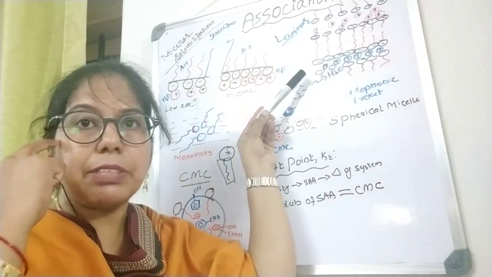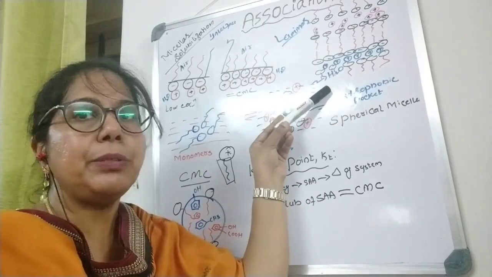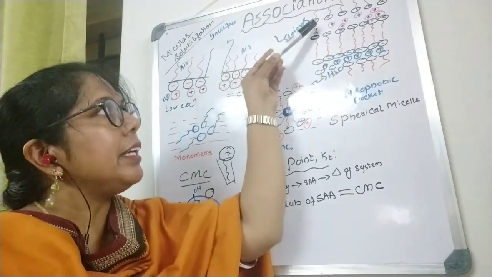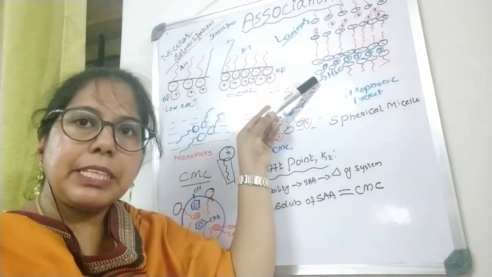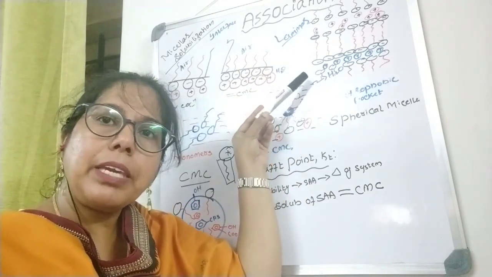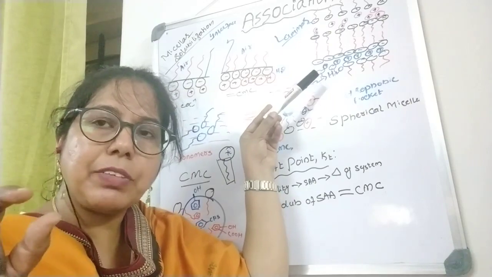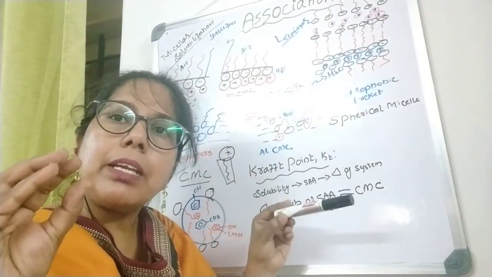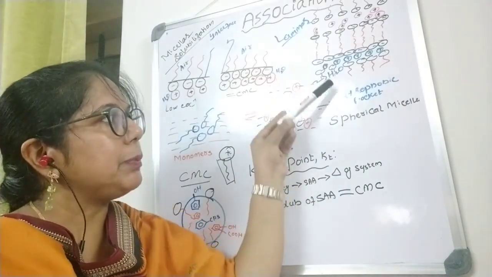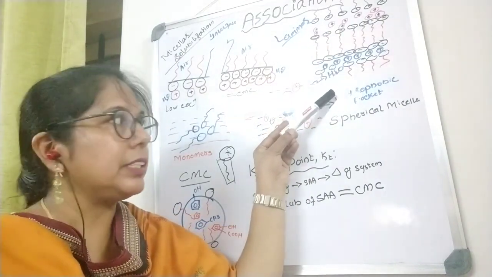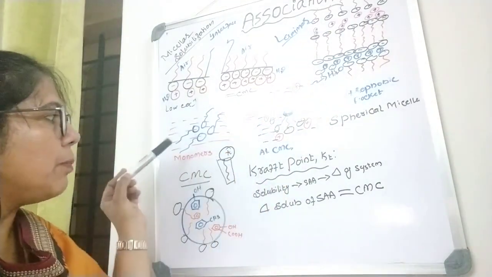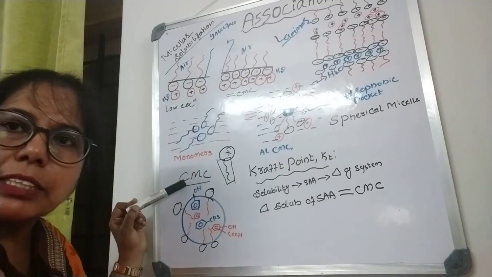The concentration of surface active agent is equivalent to CMC, and the laminar micelles will form a dynamic equilibrium with the monomers along with the micelles in the bulk of the solution. Here in this picture I have shown this. So this is about the monomers and the critical micellar concentration.